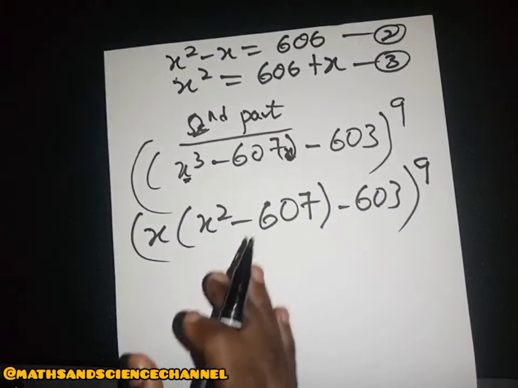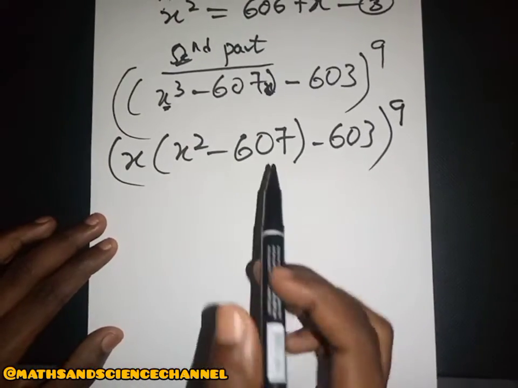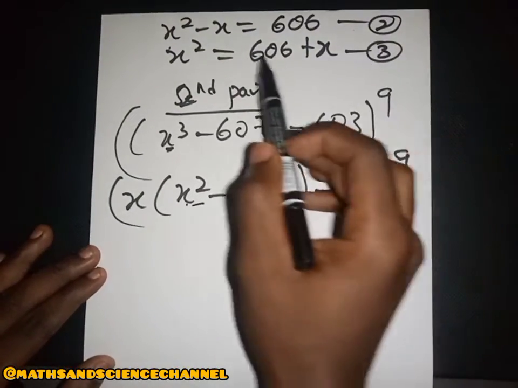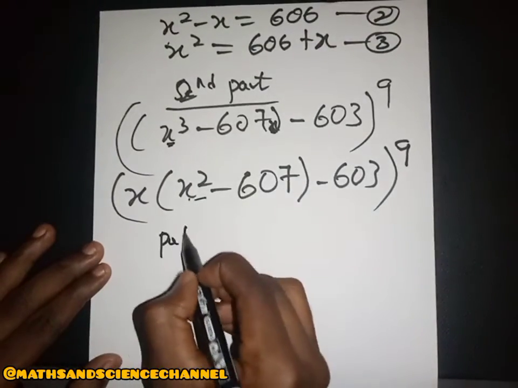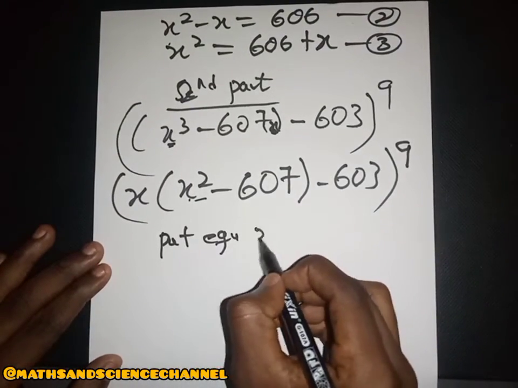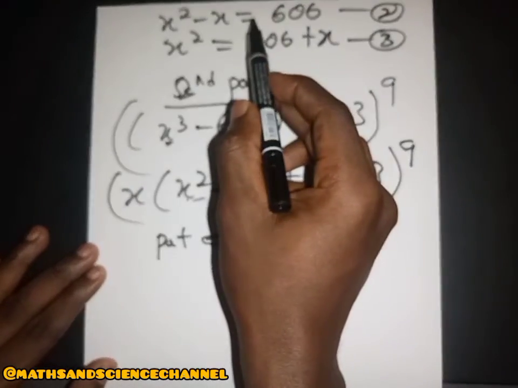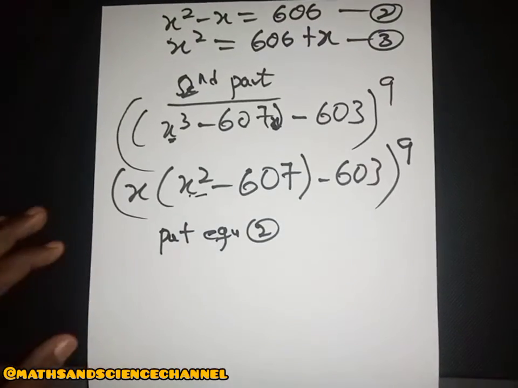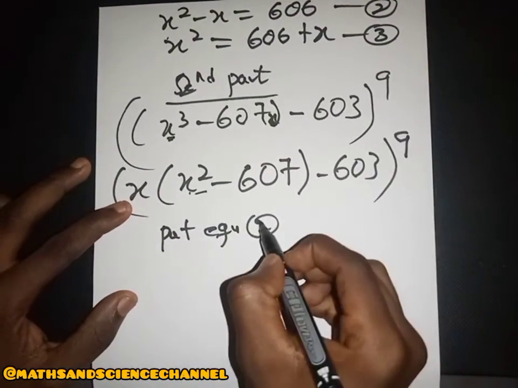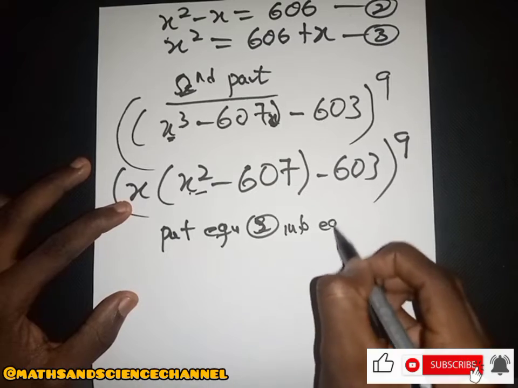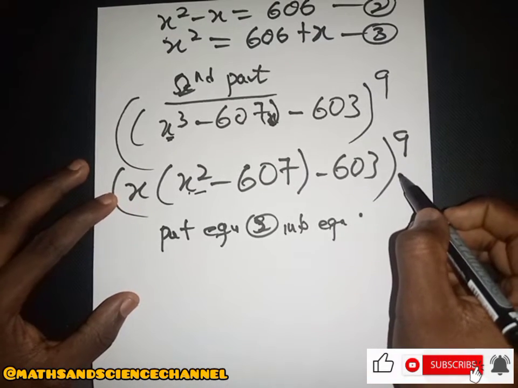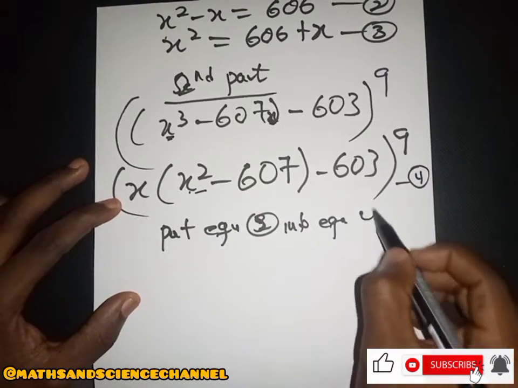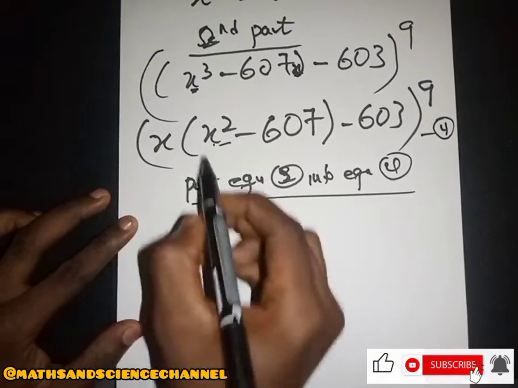Now from here, remember we said that our x squared from equation 3 is just this. So let's call this equation 4, and we put equation 3 into equation 4.